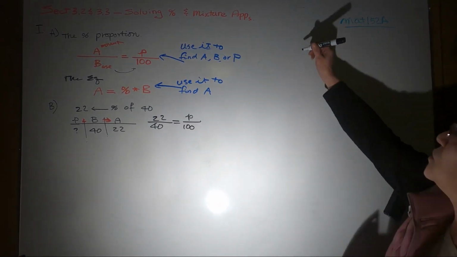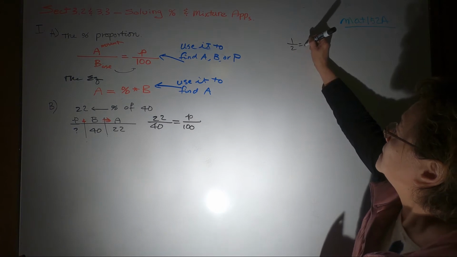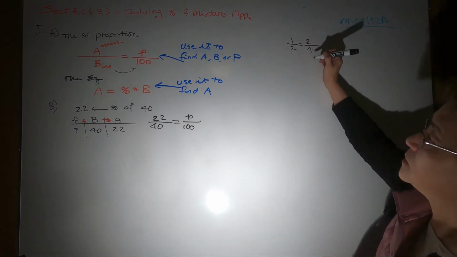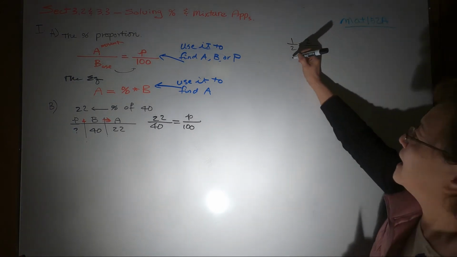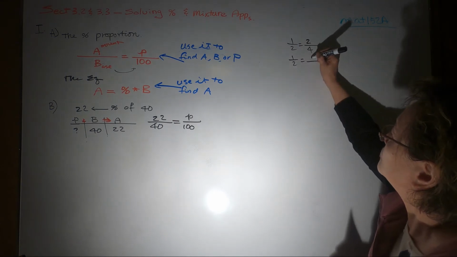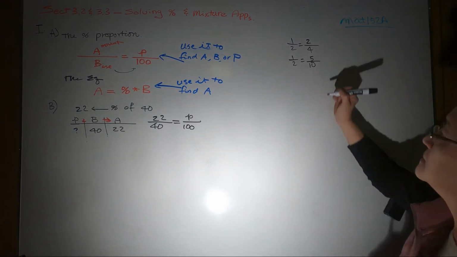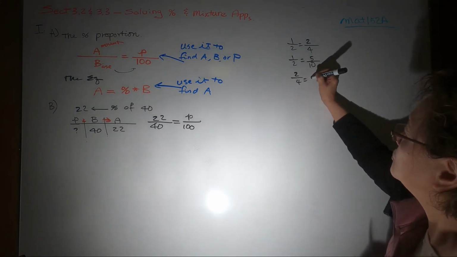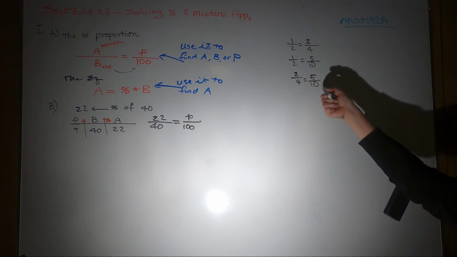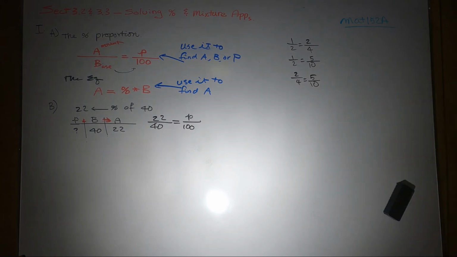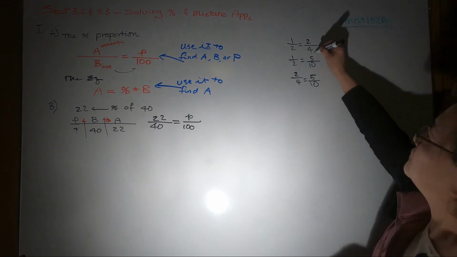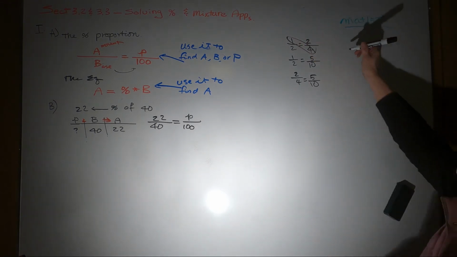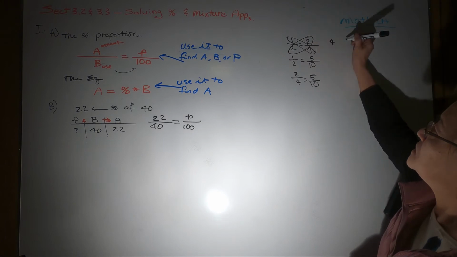Let's review proportion again. That's how we find it. Is 1/2 equals 2/4? Right, those are halves. Is 1/2 equals, say, 5/10? Is 2/4 equals 5/10? Yes, both are halves, right? When they are proportions, you find out 1 times 4 is 4. 2 times 2 is 4.